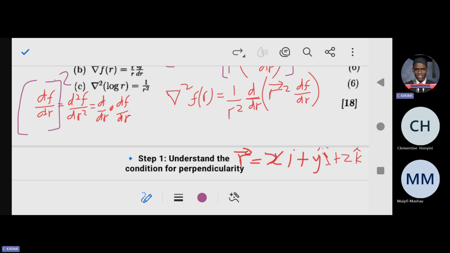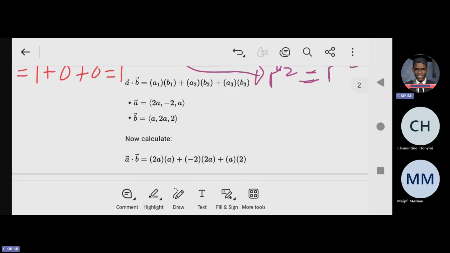All right, so let's start. Let's write on a fresh page.